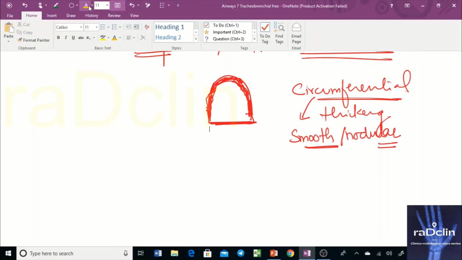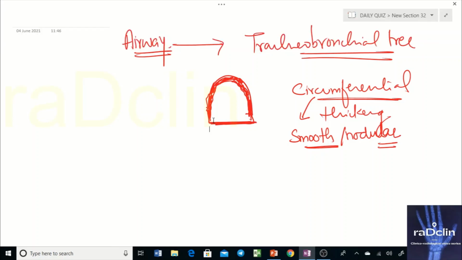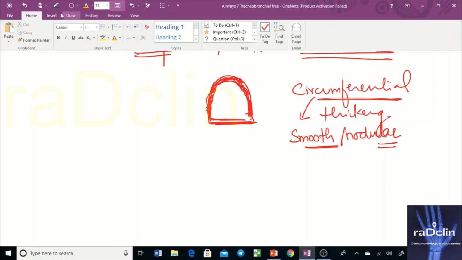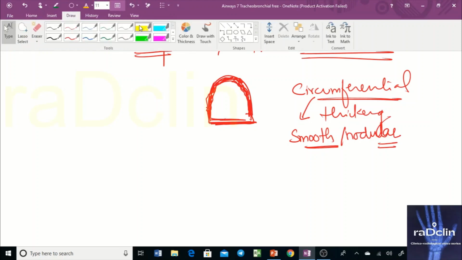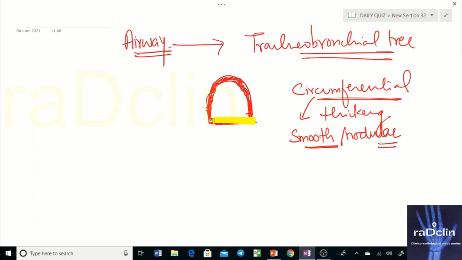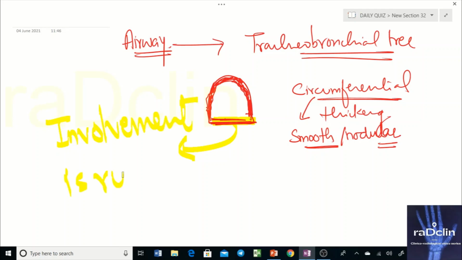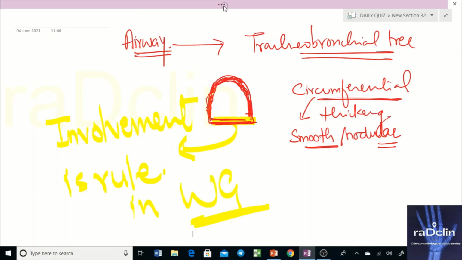I should mark it in yellow, which you are seeing right now. Involvement of this is the rule in Wegener's granulomatosis, and that is a differentiating feature from other diseases.